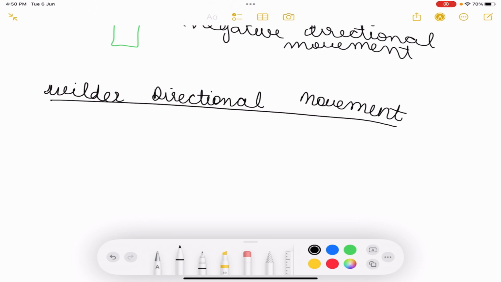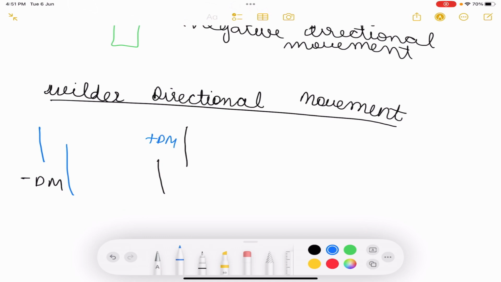So if this is one day's candle, and the low of today's candle is lower than the previous day, this means there is a minus DM. Clear? Now this is the previous day and this is today. The high of today is more than my previous day, so this is a positive DM.